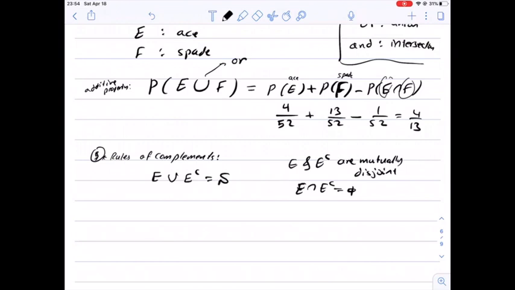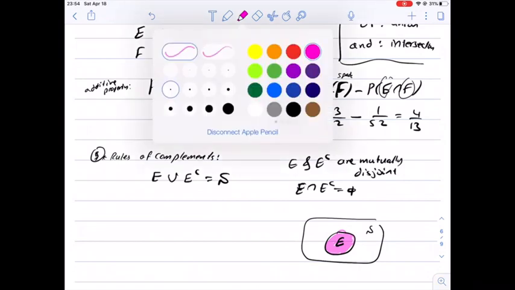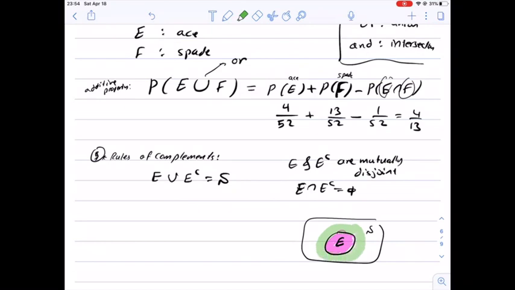So E union E complement is actually equal to S, because if this is the sample space, this is E, the set E. And what is the complement of this? This is the complement of this set. As we can see, the union of the set and its complement gives us the whole S, the sample space.